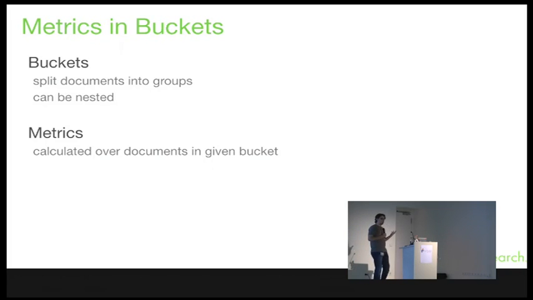Buckets can be nested, so you can create a bucket per year, and then inside each year you can create a bucket for each category, or buckets based on range from central London. And the metrics are then the usual suspects, like numerical aggregations and statistical ones, and also some interesting language things that we'll see later.